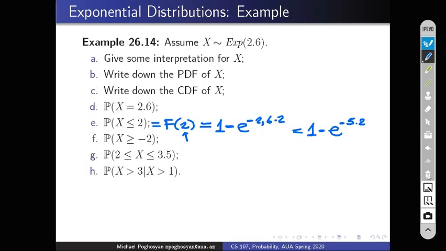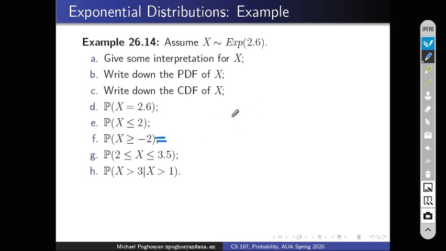The next one, X is larger than minus 2. Well, X is an exponential random variable. It takes only non-negative values. So X is always larger than minus 2. So the probability is just 1.